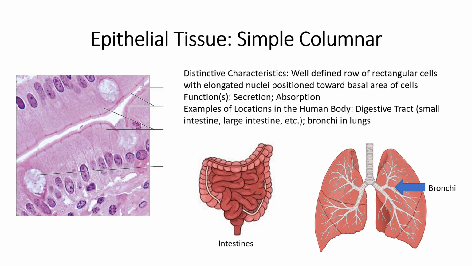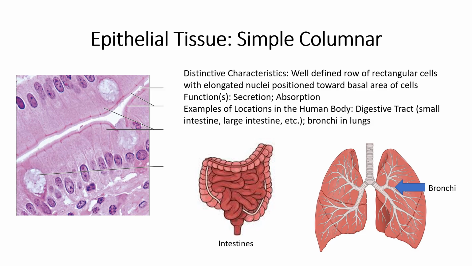You're going to look for not only that elongated rectangular shape of the cell, but then also you can look at the shape of the nuclei within those cells and see how the nuclei in those cells are all kind of oval shaped or stretched and elongated down toward the basal layer or basal end of the cell.